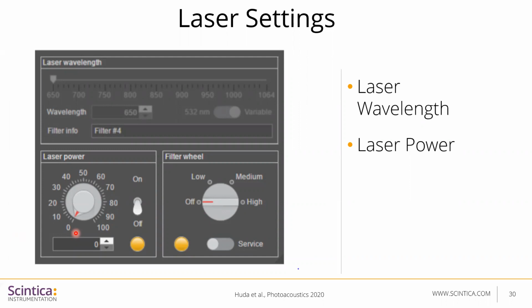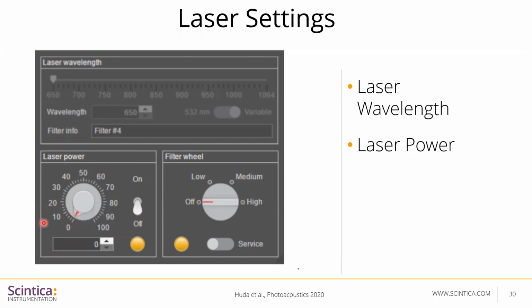And the laser power uses an external power meter. There is an on-off switch on the laser power, and this on-off switch will activate or deactivate the laser externally. If the status bulb is yellow, the laser is active, and if the status bulb is red, the laser has an error. The default laser power here is 0.